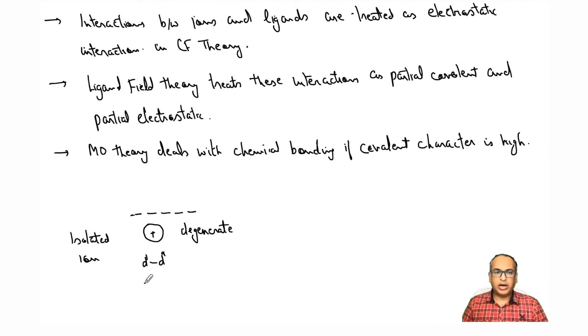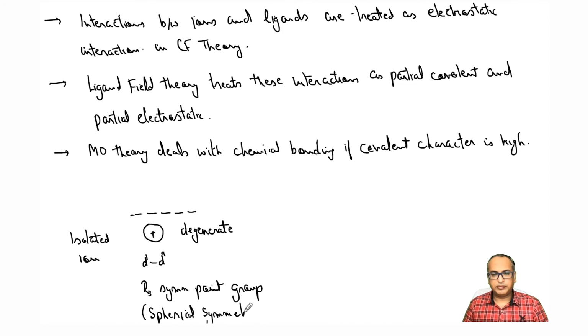Because this will belong to the R3 symmetry point group, which we have not discussed actually. The R3 symmetry point group is also called spherical symmetry. So with spherical symmetry, any symmetry element which you can think of will be present in this. That's why it is called a highly symmetric case, and this will be the spherical symmetry, R3 symmetry point group.